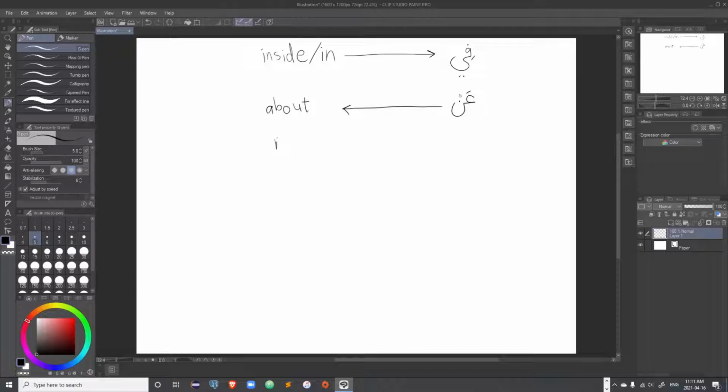We also have the word now, and that word is el. There are other methods to write this word, but to adhere with the elongation hamza that we discussed earlier, you can write it as such. This is a correct form.